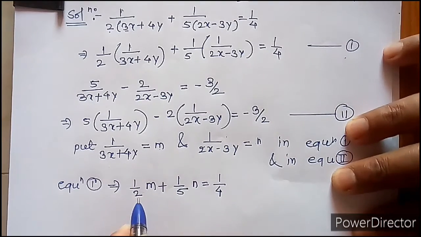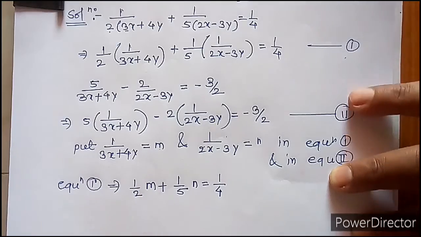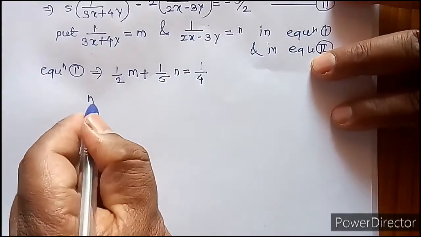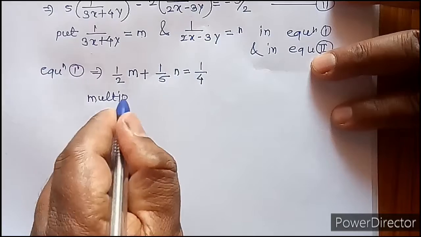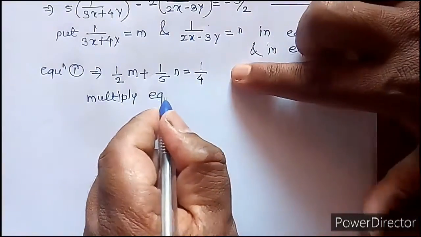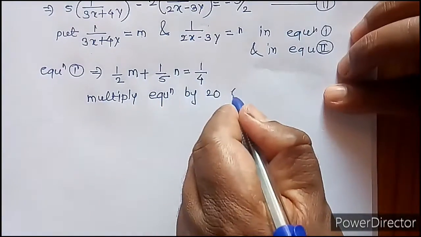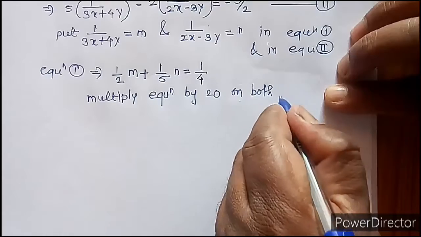Now the LCM of 2, 5 and 4 is 20, therefore we multiply this equation by 20 on both sides.